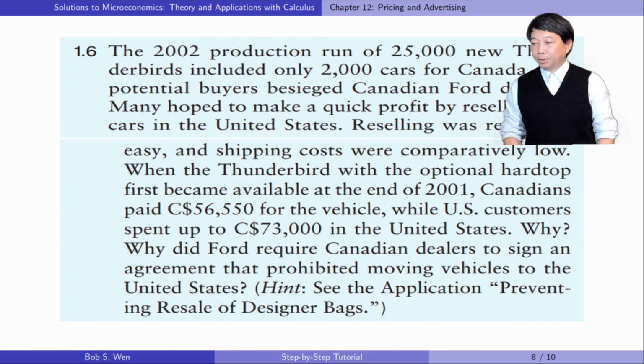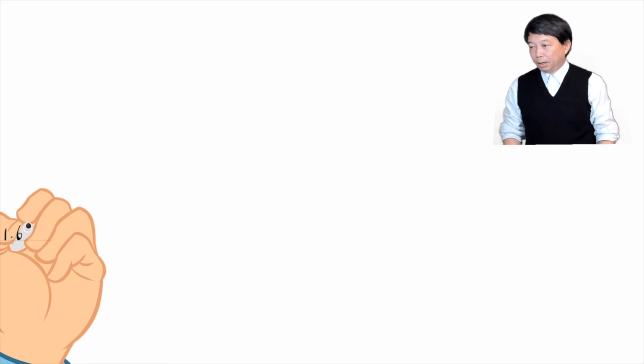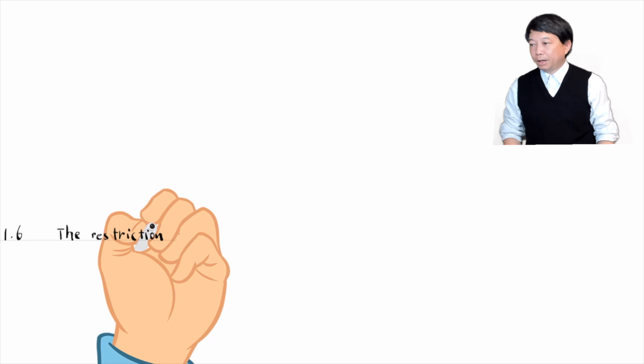Let's see exercise 1.6. Why did Ford require Canadian dealers to sign an agreement that prohibited moving vehicles to the United States? The restriction facilitates international price discrimination.